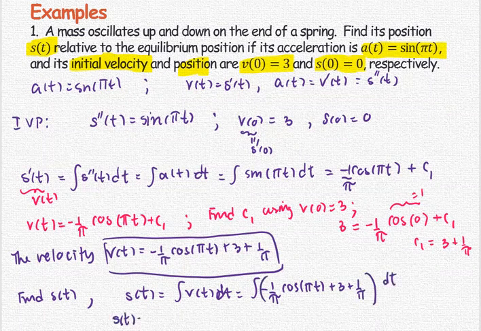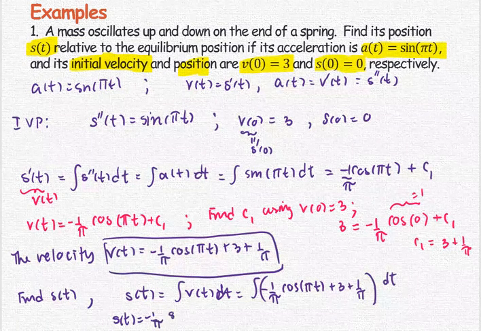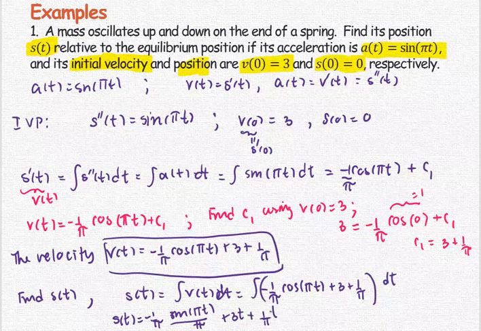So s(t) equals negative 1 over pi multiplied by sine of pi t divided by pi plus 3 times t plus 1 over pi times t plus another constant of integration, c2. Or we can write it as negative 1 over pi squared multiplied by sine of pi t plus 3t plus 1 over pi times t.